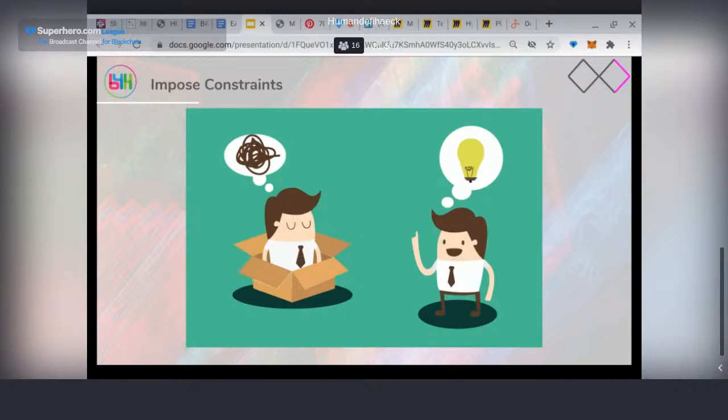And this is just coming to an end. Allow yourself to impose your constraints. Allow yourself to have some adversarial thinking within your team, because it's only when we are confronting ideas with ideas that we can make them better.